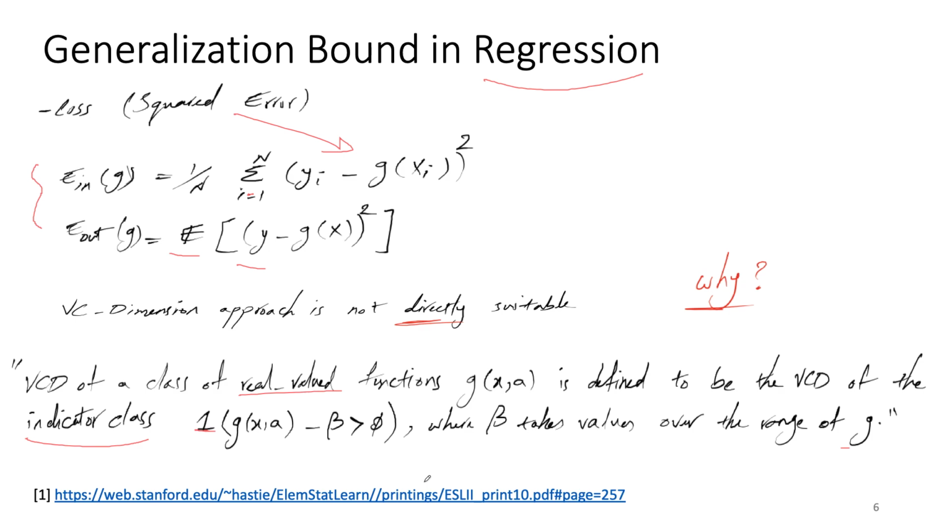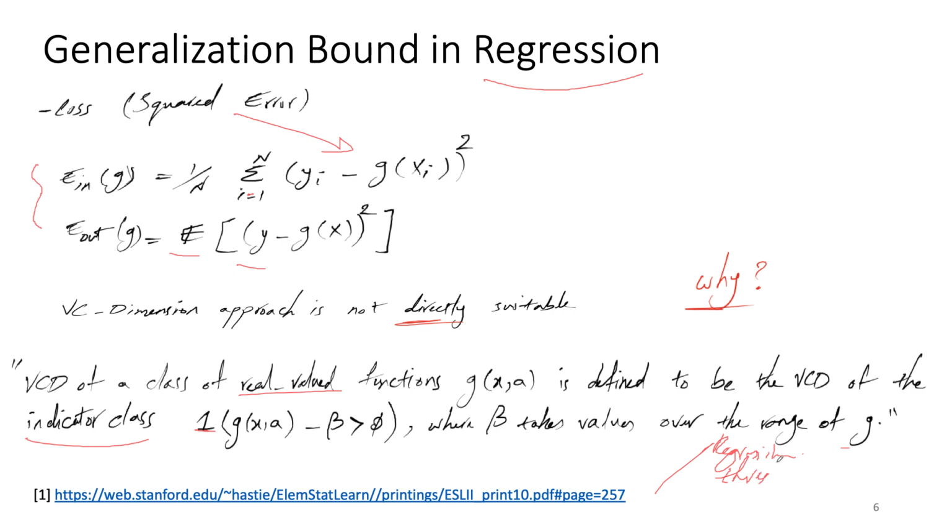The issue with this is that VC dimension, instead of getting the complexity of the class, gets the complexity of the indicator of the class, the value of the threshold. So instead of the model, it's going to give you the value for the threshold of the regression, right?